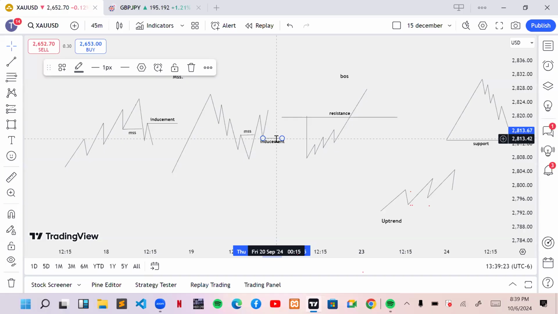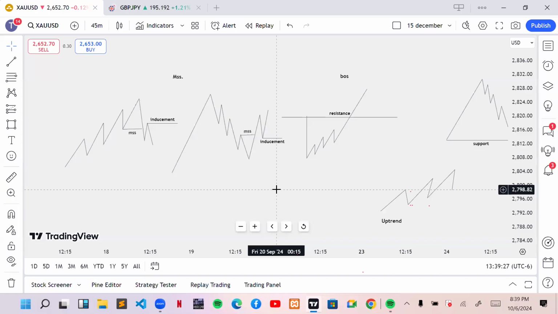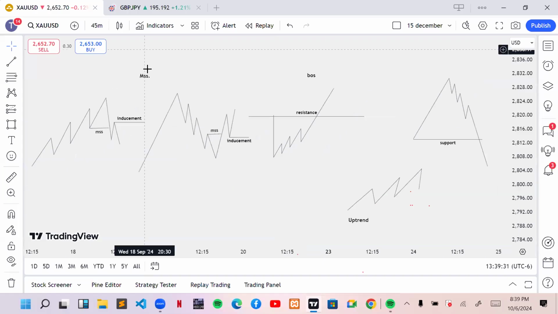So it said the inducement is the first valid pullback that market makes after a break of structure or a market structure shift. So this is the market structure shift part. This was when market broke structure to the downside. This is the first pullback it makes before continuing that move.